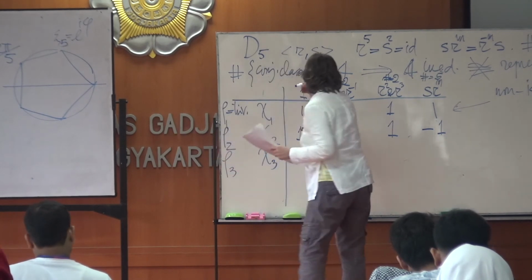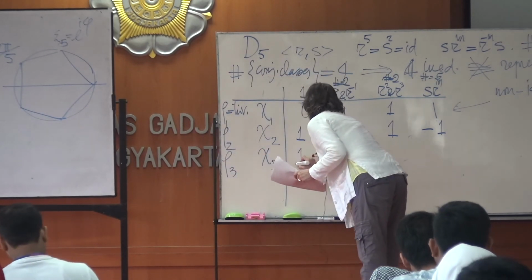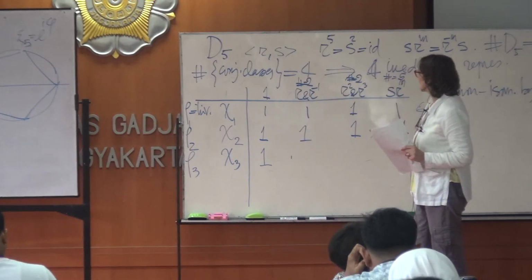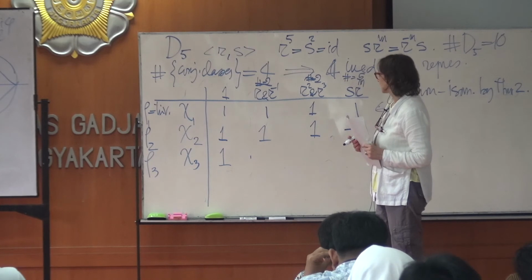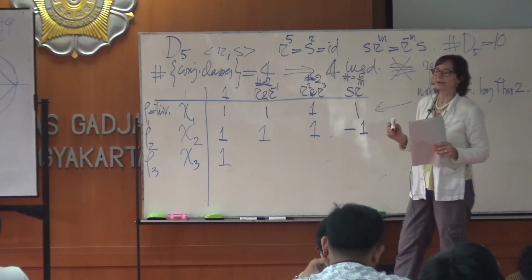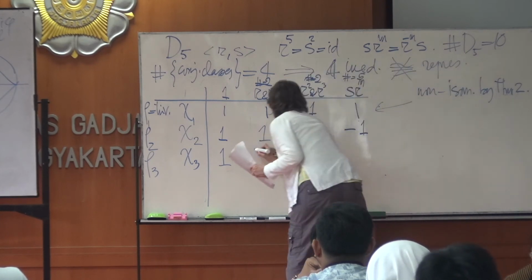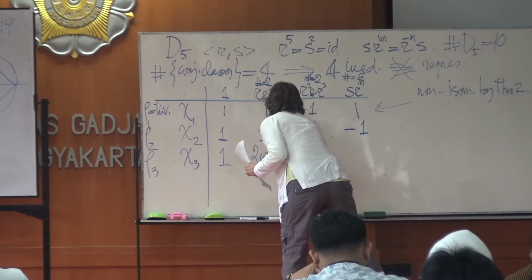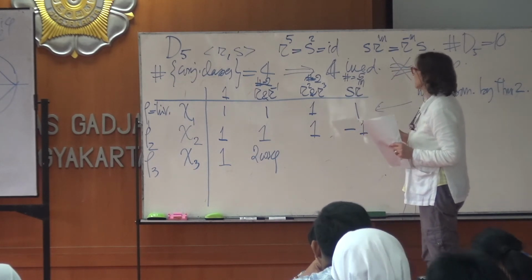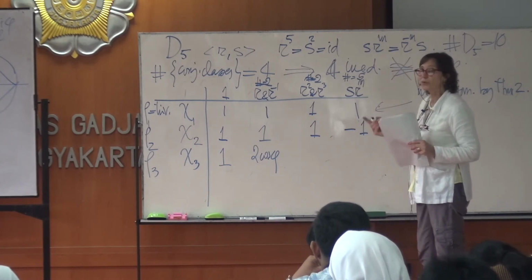So again, it's 1 on the identity. If we have a rotation, the trace of that matrix is 2 cos phi, right? And if we take the trace of R squared, it is 2 cosine of 2 phi.